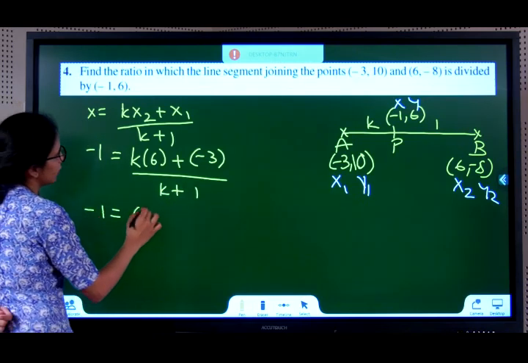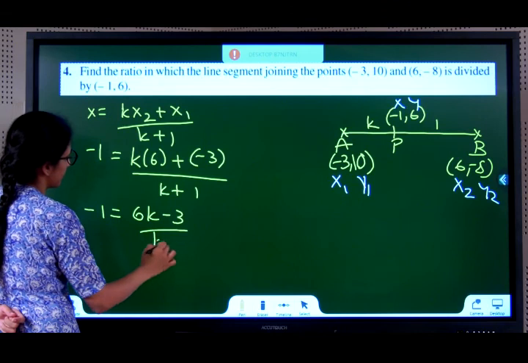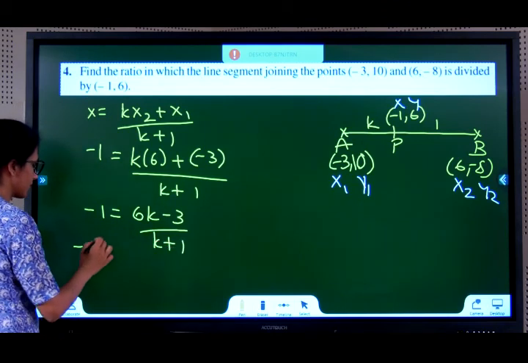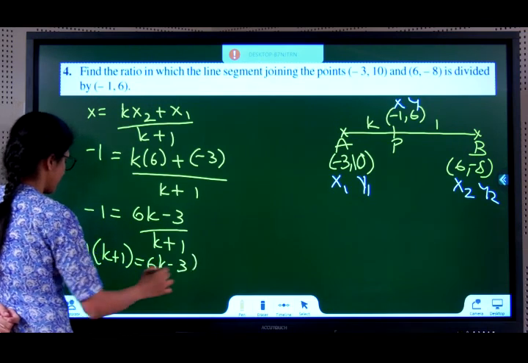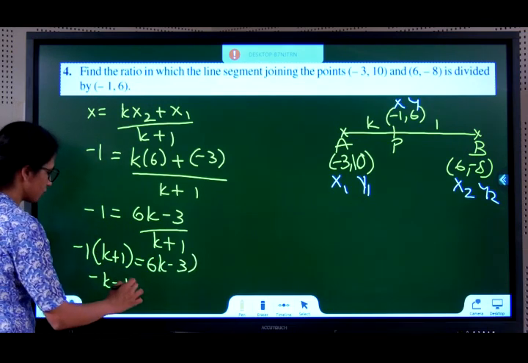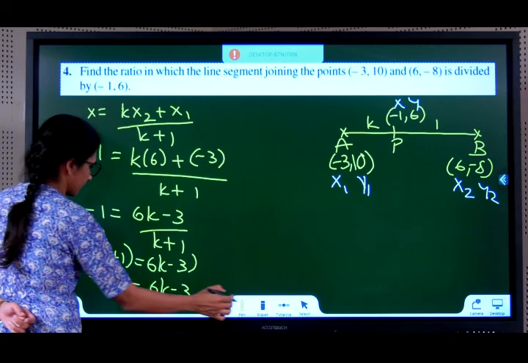Minus 1 is equal to (6k minus 3) by (k plus 1). Send the k plus 1 to that side. Minus 1 into (k plus 1) is equal to 6k minus 3. Minus k minus 1 is equal to 6k minus 3.